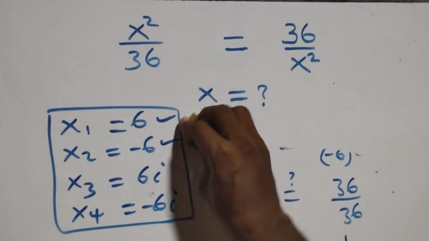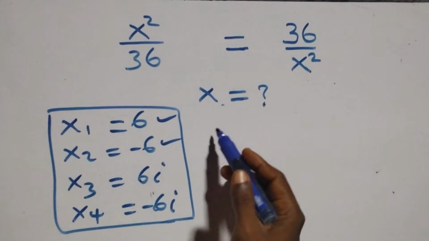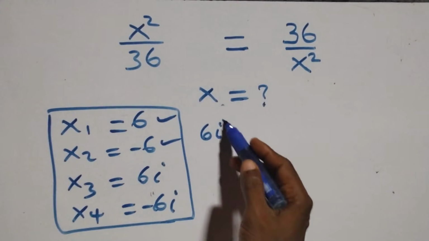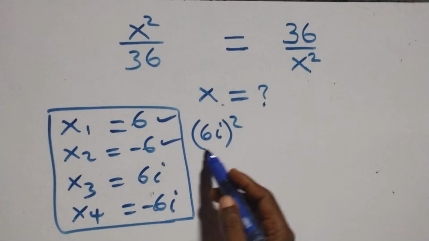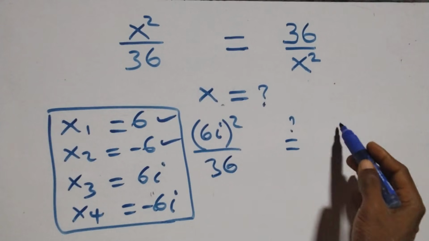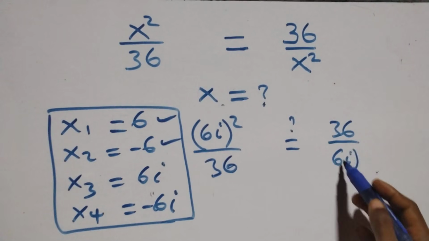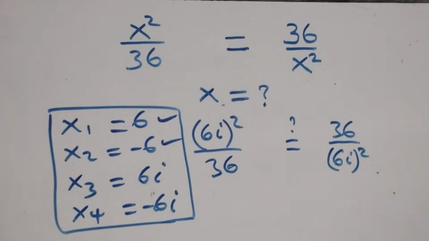Then also we substitute x equals 6i. What we have becomes 6i all squared over 36. Is it equal to 36 over 6i all squared?